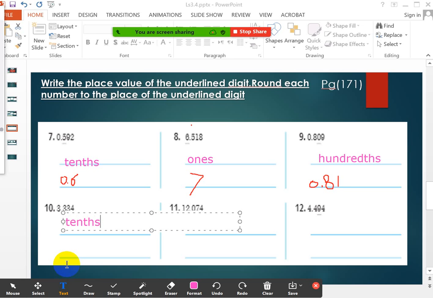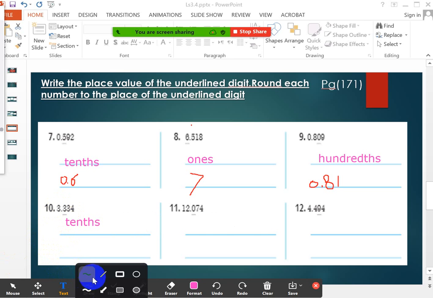I want you to give me the place value of the underlined digit. What is the place value for the underlined digit here? It's what? What's the digit right here? It is the tens. Very good. It's tens. Thank you. And if I want to round this number to the nearest tens, it will be what?